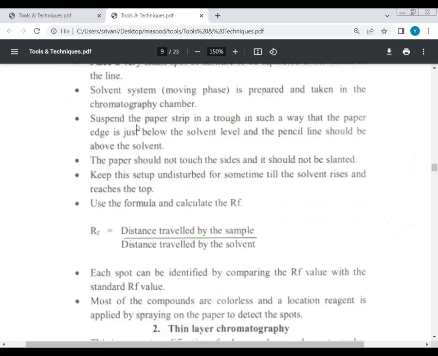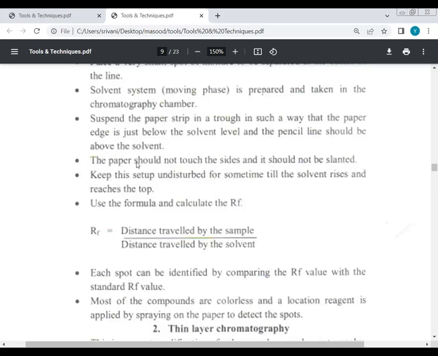Suspend the paper strip in a trough in such a way that the paper edge is just below the solvent level and the pencil line is above the solvent. Means we dip just the edge of the paper with the spot into the solvent.